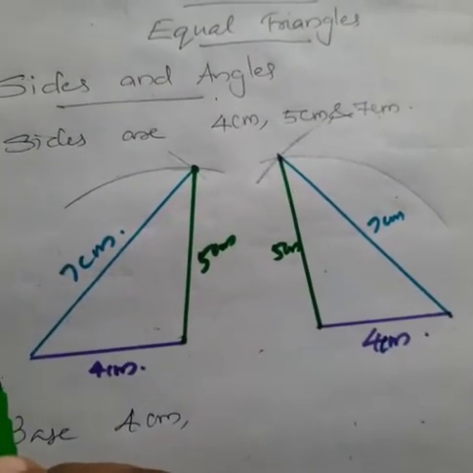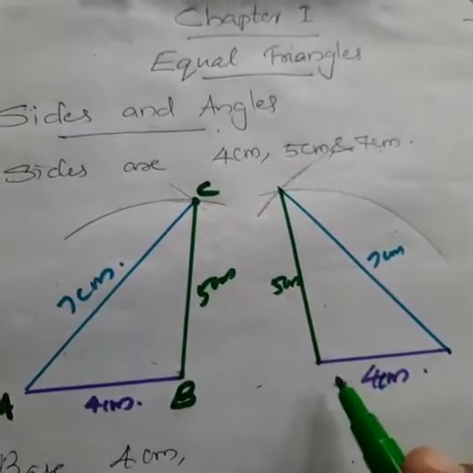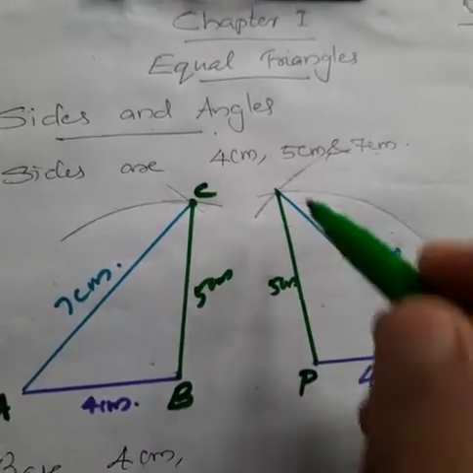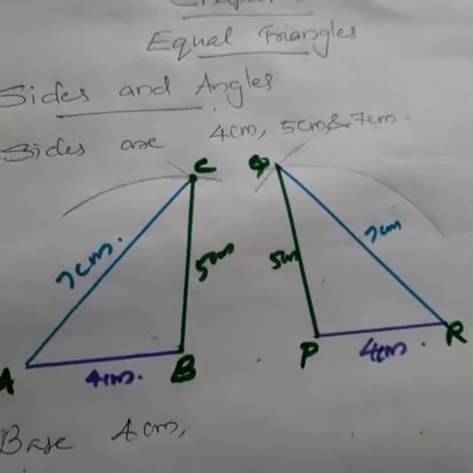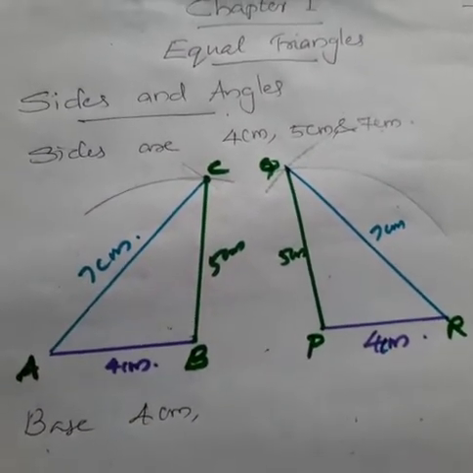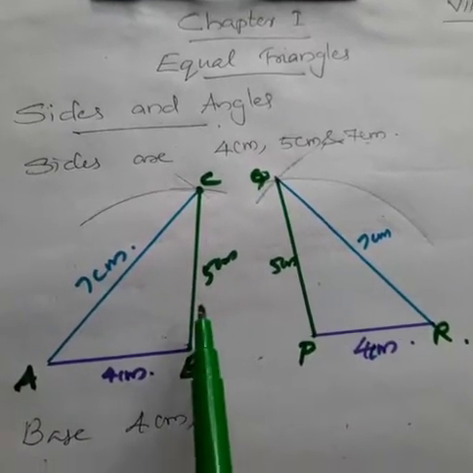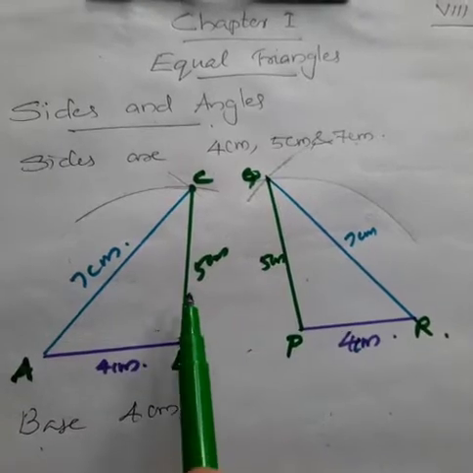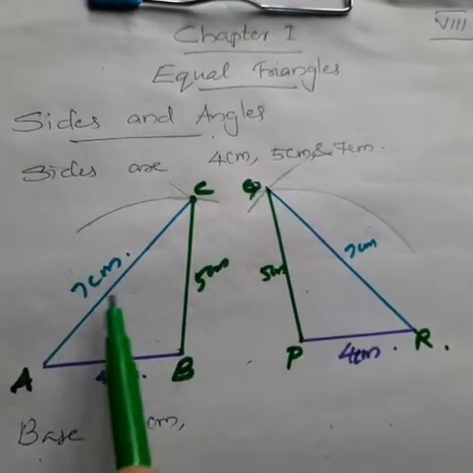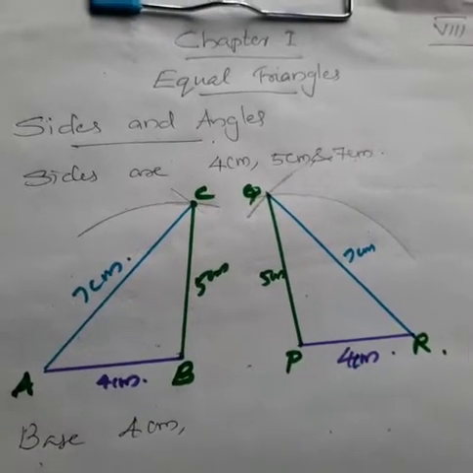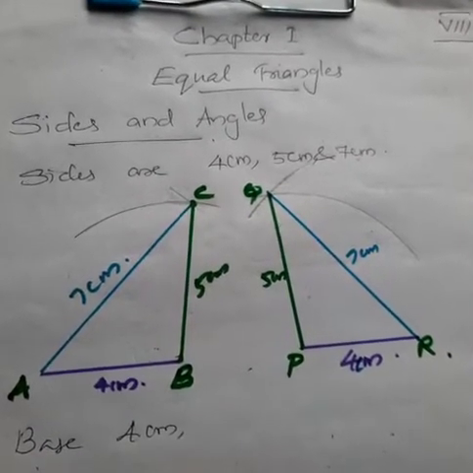You can name the first triangle ABC and the next triangle PQR. Then you have to equate the sides. That means if both sides have 5 cm, equate the names, and if it is 7 centimeter, you have to equate it, and 4 centimeter you have to equate it. So first of all we start with AB.